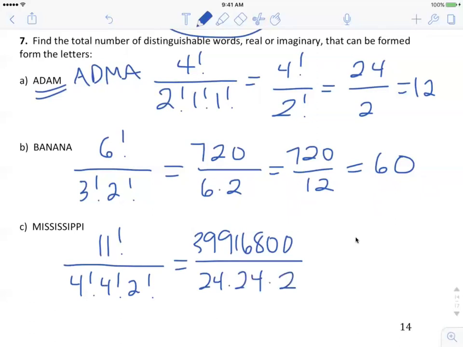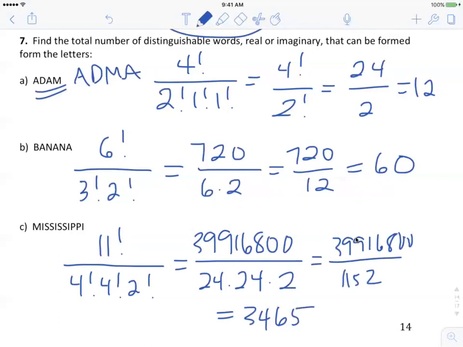So I'm going to calculate that. When you're calculating this, multiply all that stuff on the bottom first. So that's 1152 down there. And then finally do the division of those 2 numbers. And we got 34,650 different possible 11-letter words.